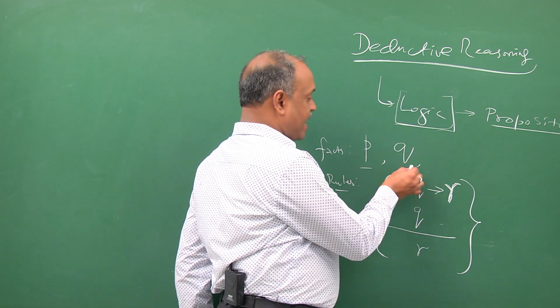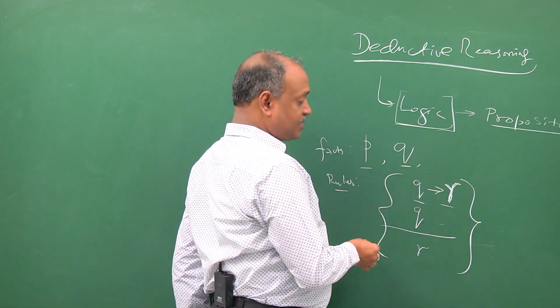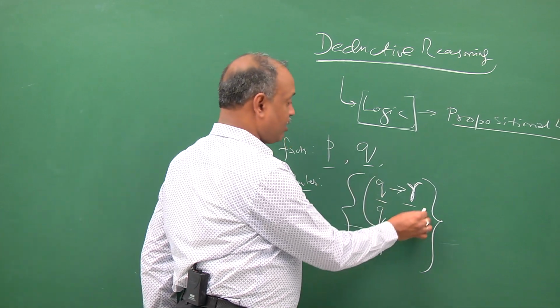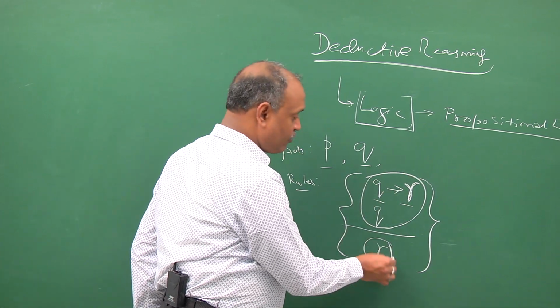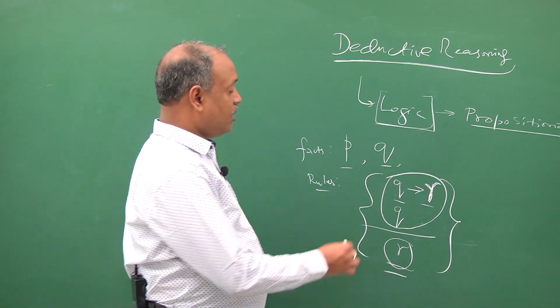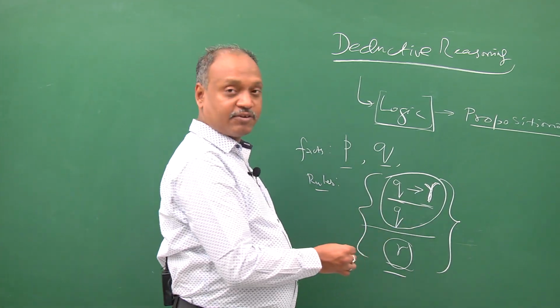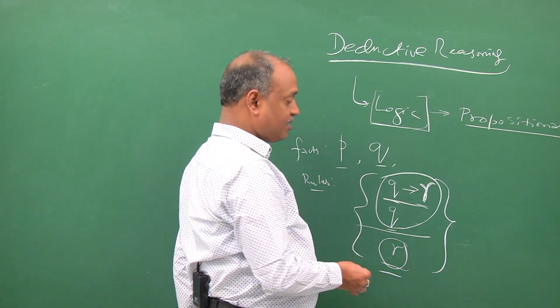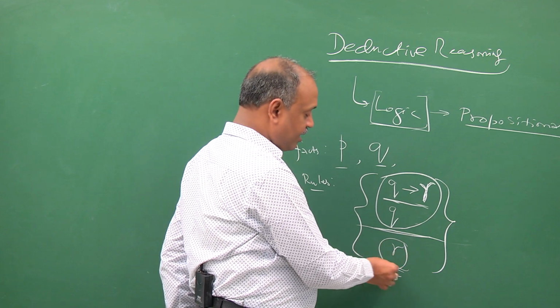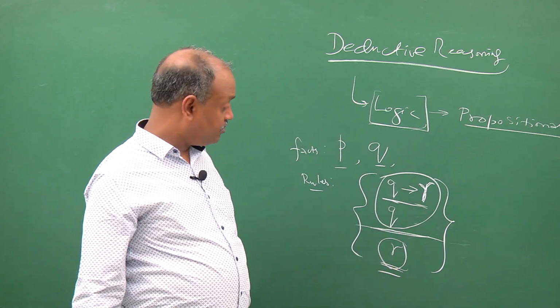You have basic facts and you have basic patterns which are true, then you can derive a new fact of logic. For example, if Q implies R is a fact, Q is a fact, both are true, then this rule of inference says you automatically infer that R is true.